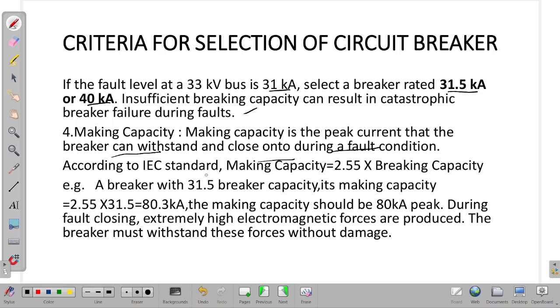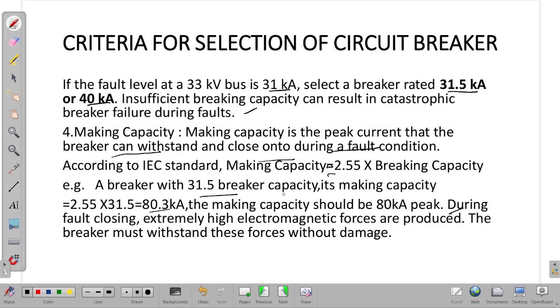According to the IEC standard, the making capacity is approximately 2.55 times the breaking capacity. For a breaker with 31.5 kiloampere breaking capacity, the making capacity should be 2.55 times 31.5, that is 80.3 kiloampere.